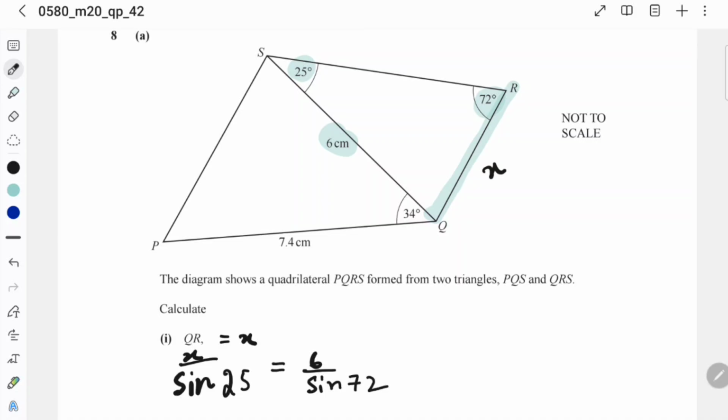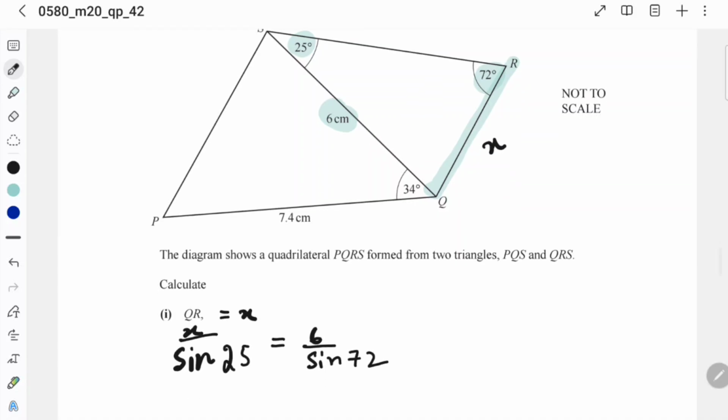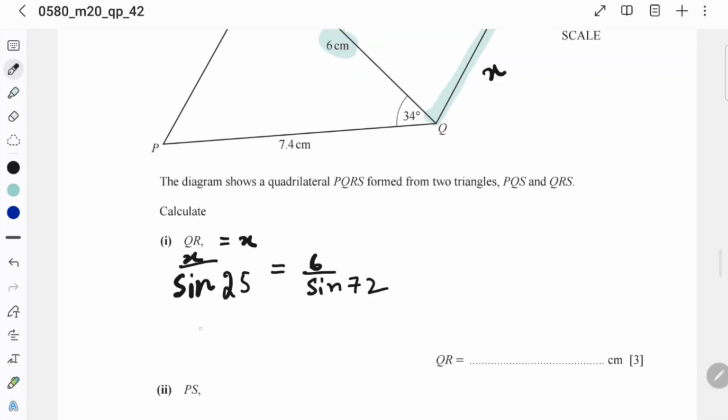You know that a over sine A is equal to b upon sine B is equal to c upon sine C. So simply write down x is equal to 6 upon sine 72 times sine 25.